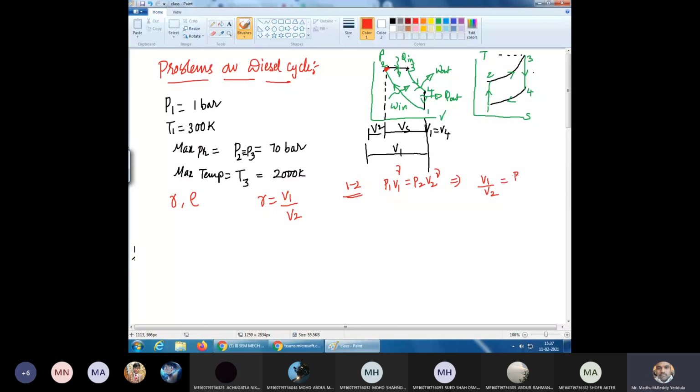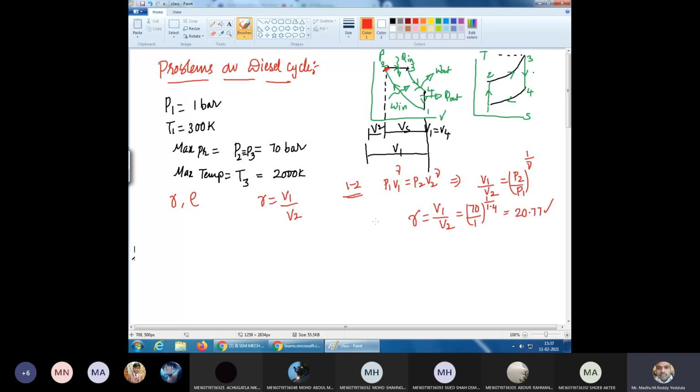So V1 by V2 is equal to P2 by P1 whole power 1 by gamma. So V1 by V2 is equal to 70 by 1 whole power 1 by 1.4. So if you simplify, you will get around 20.5. So this is the compression ratio. Compression ratio is over.